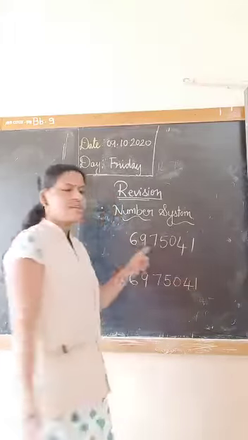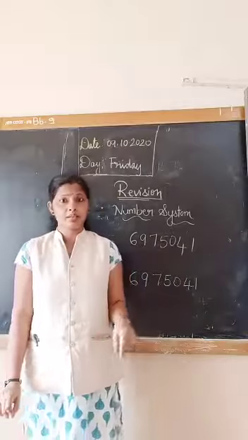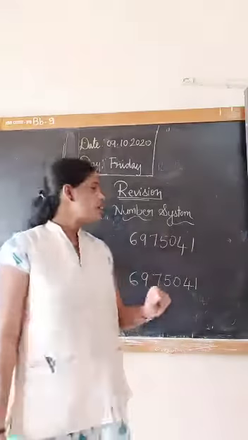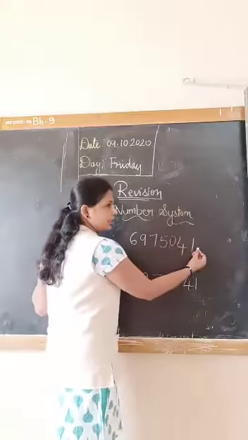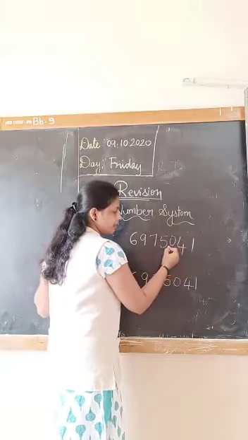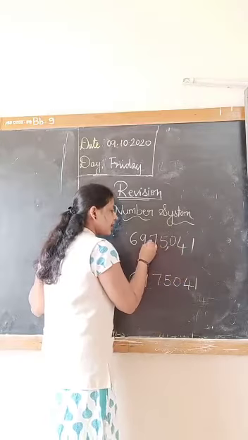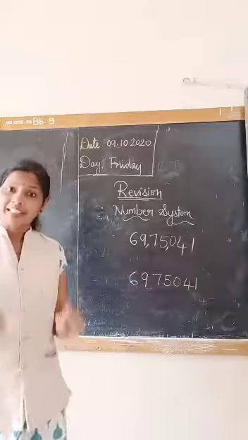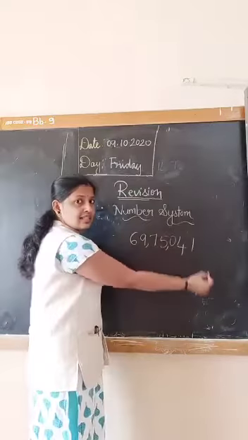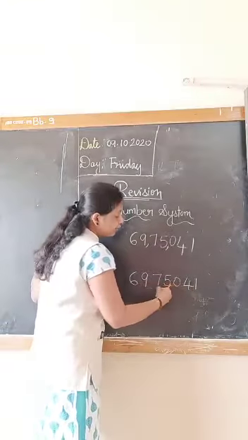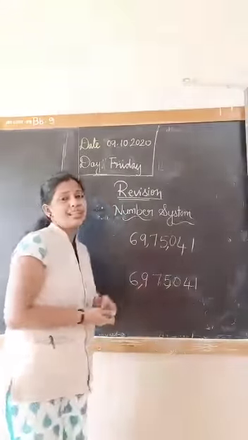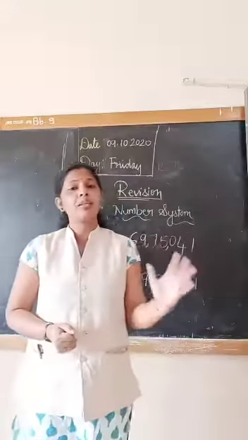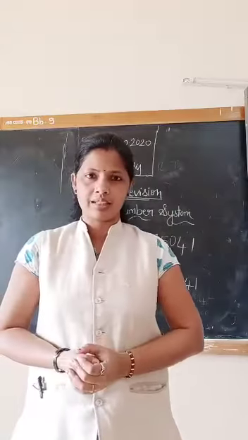First let us see how to insert a comma in the Indian system and then in the international system. In the Indian system, from the left side, first 3 numbers, then after every 2 numbers. So this is how we have to insert a comma. But in the international system, again starting from the left side, after every 3 numbers, there is no 2-number system. After every 3 numbers, you have to insert the comma.